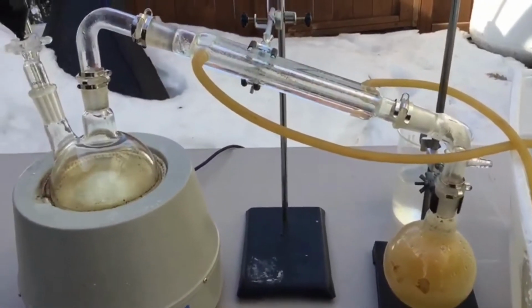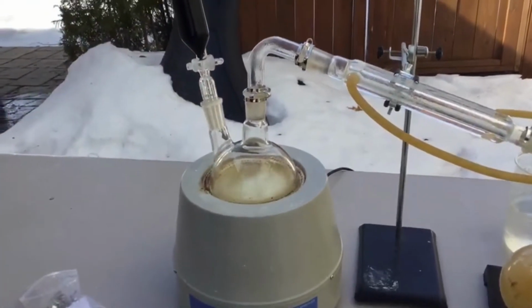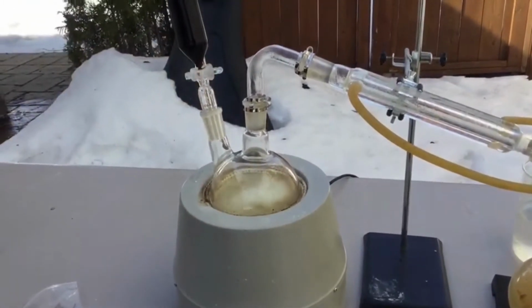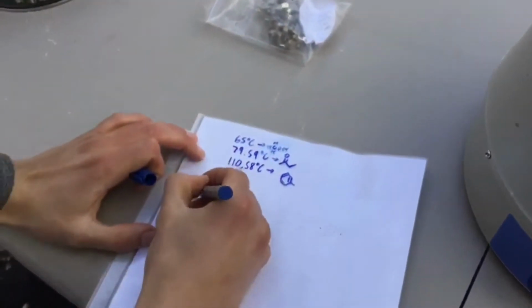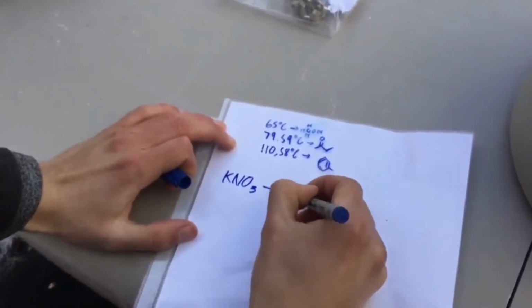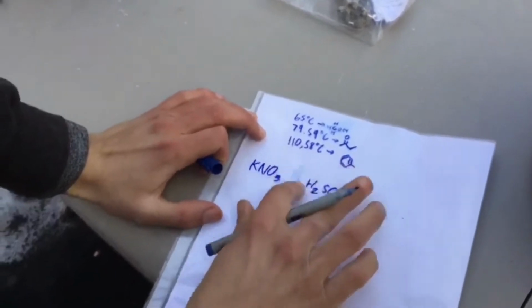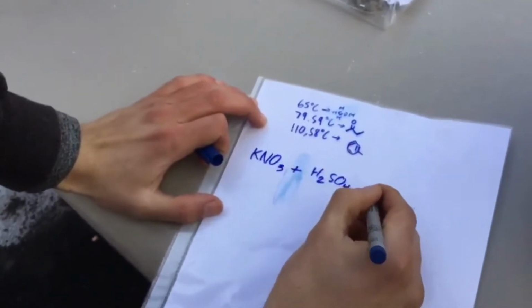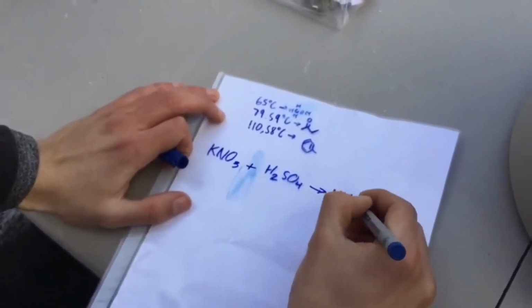So I'm going to wait until the reaction calms down, and I'll meet you back when I add more sulfuric acid. I'm just going to show you the reaction that's happening right now. So potassium nitrate reacts with sulfuric acid, sorry, that's a plus, not an arrow, to make nitric acid.